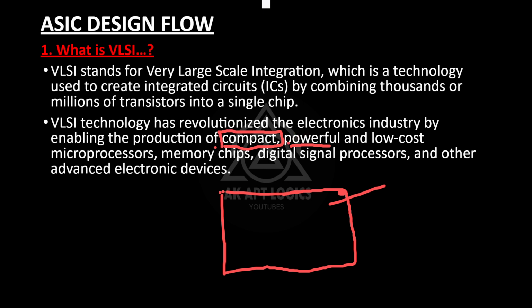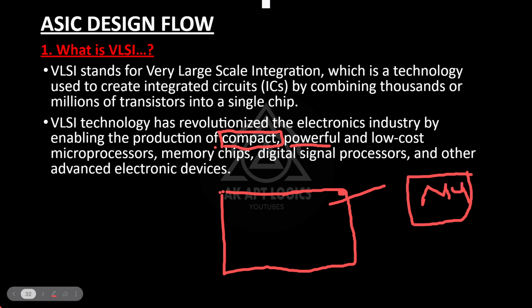Nowadays the mobiles are also compact, and nowadays the CPU, if you look at the Mac M4, M1, it is a box, very very small, like our lunch box, right? So what I'm trying to say is the main aim of VLSI is to compact the size of the device and make it powerful, in the sense it should work very very fast, and the major thing for anything is low cost, right? Low cost.